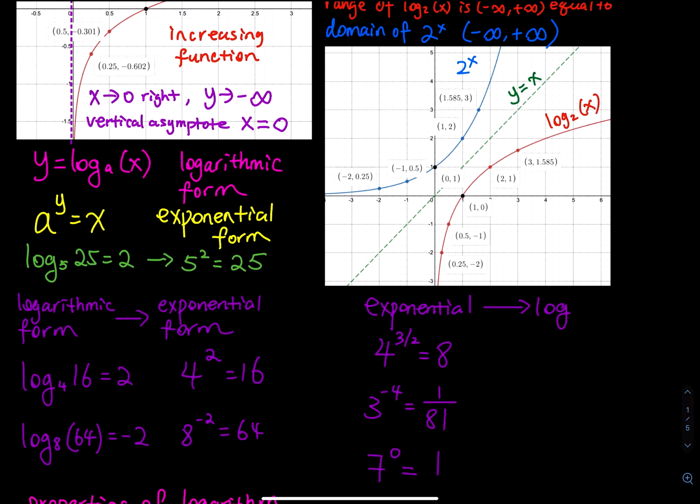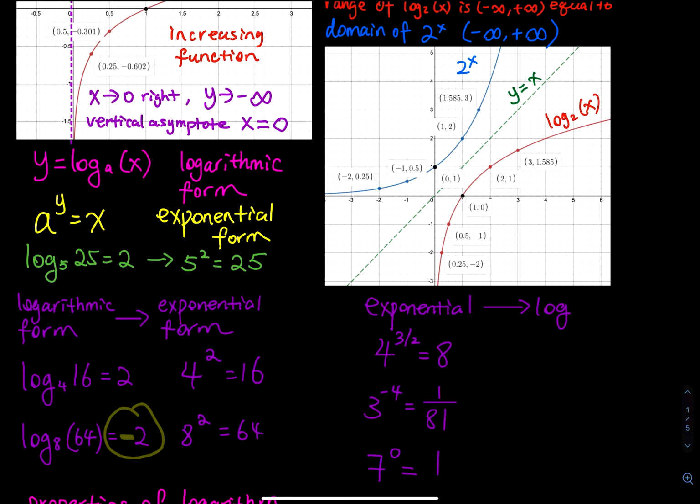Did I say 8 to the negative 2? Why do I put a negative 2? This is supposed to be a positive 2, because 8 squared equals 64. So that is supposed to be a positive. So I was having a negative 2 right here, and this is clearly a mistake.